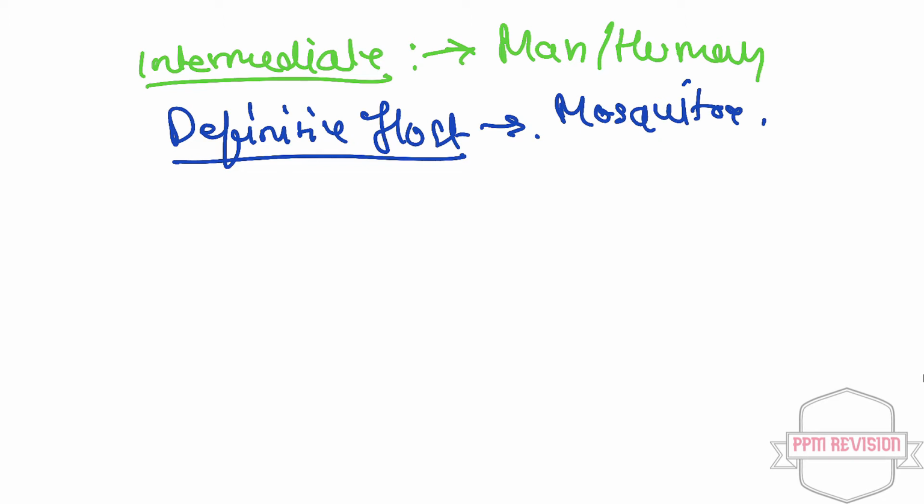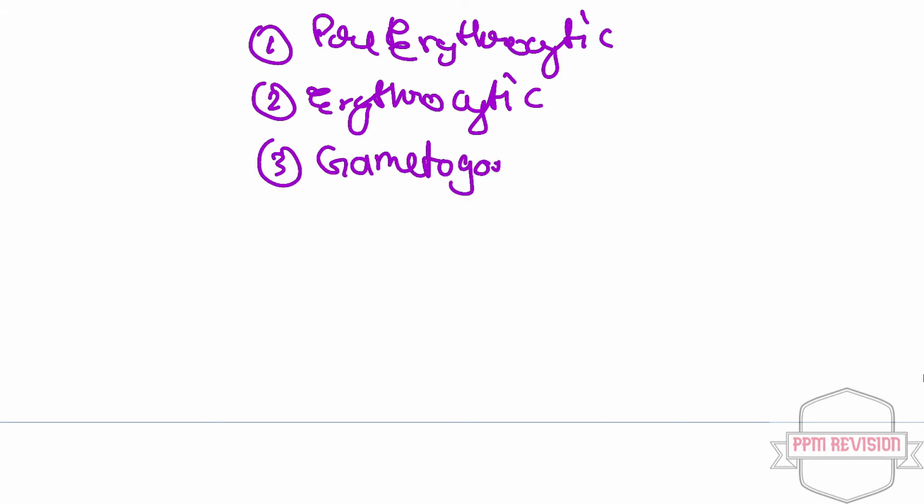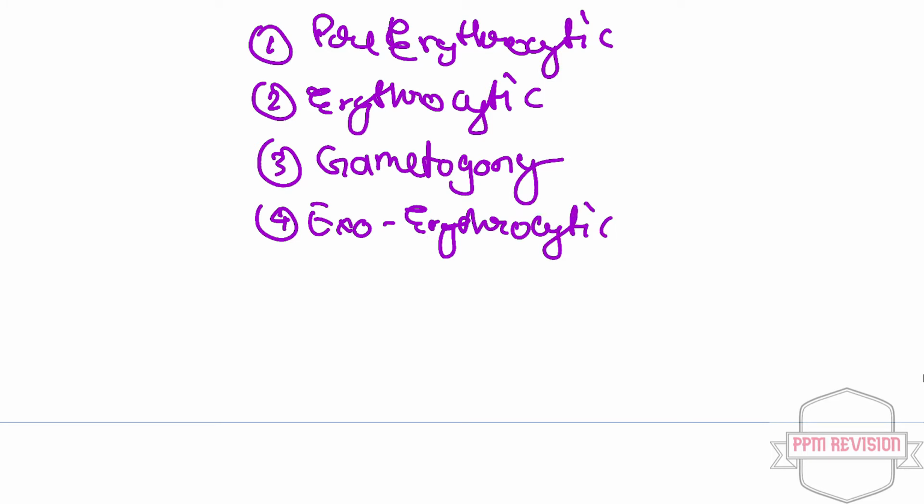I have explained the life cycle, but in short, we can classify the stages as pre-erythrocytic, erythrocytic, next gametogony, next is exoerythrocytic, schizogony.